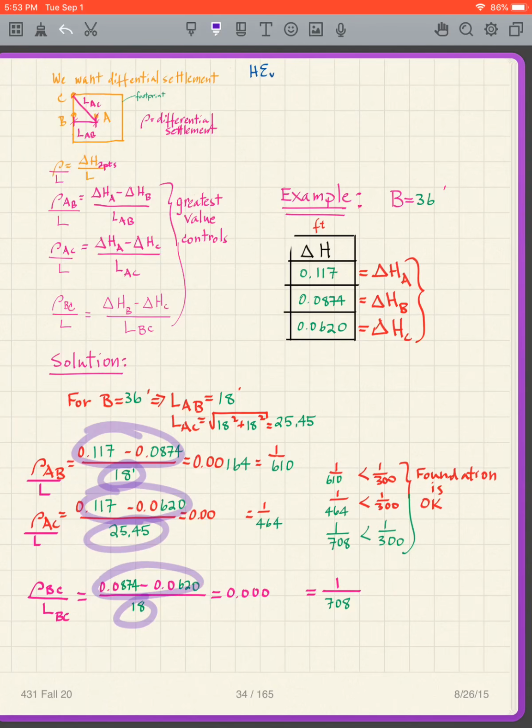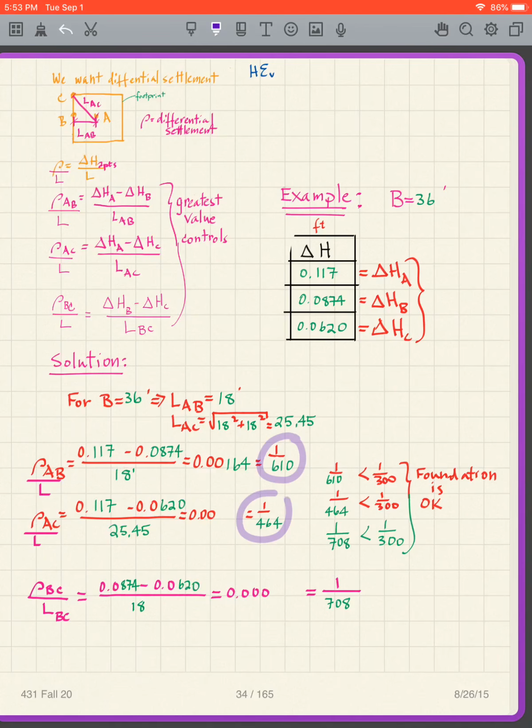For some reason, a couple numbers are missing, but you can fill in these little values there. But no matter, we end up with 1 over 610, 1 over 464, 1 over 708, and what do we see? Each one of these is less than 1 over 300, which means that this foundation is okay. So this works. We get a good foundation, and that's one we can build.